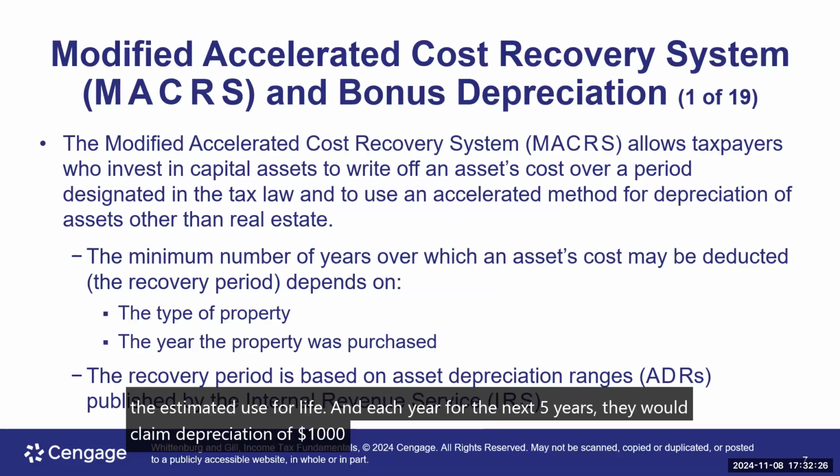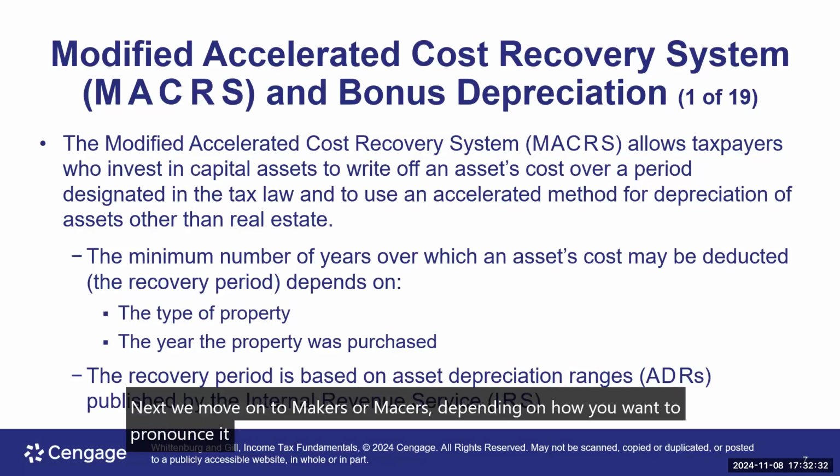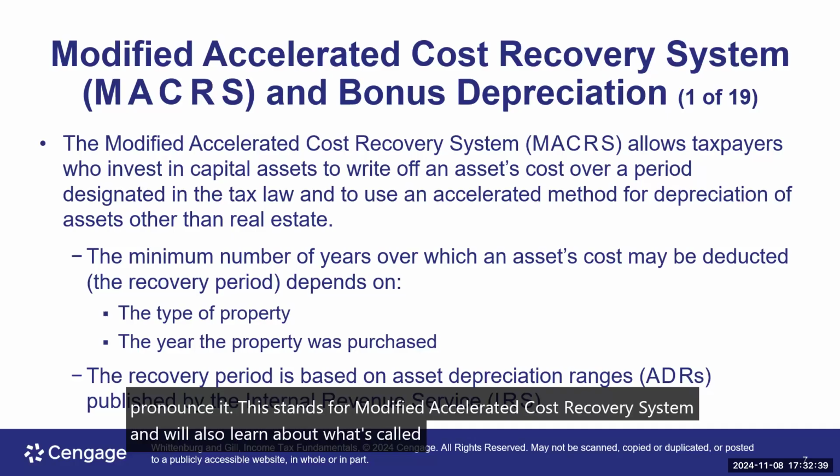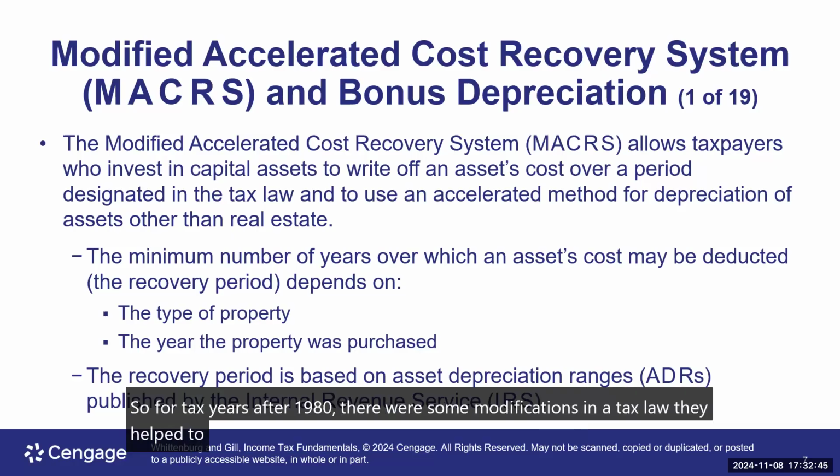Next, we move on to MACRS or MACRS, depending on how you want to pronounce it. This stands for Modified Accelerated Cost Recovery System, and we'll also learn about what's called bonus depreciation. For tax years after 1980, there were some modifications in the tax law. They helped to encourage capital investment.